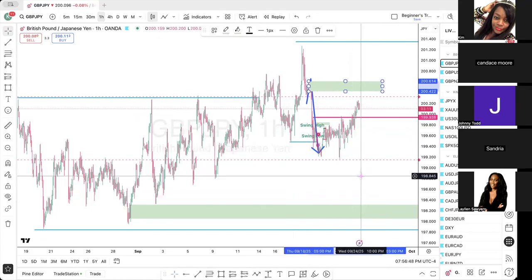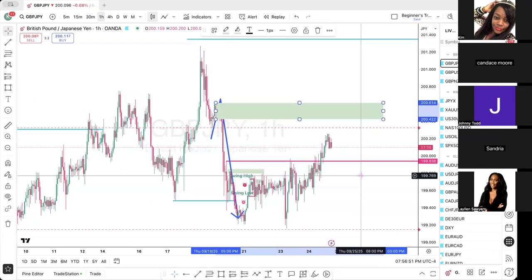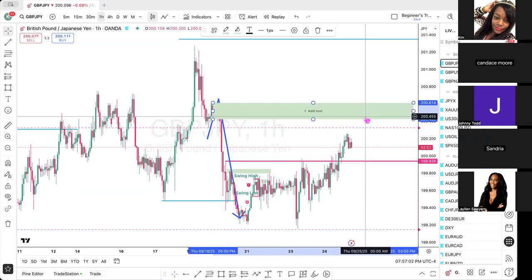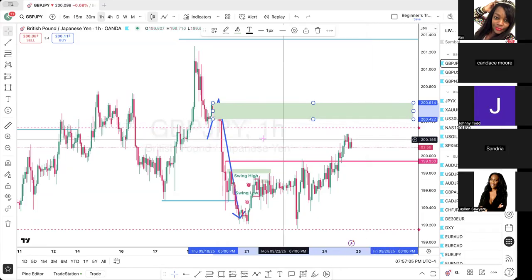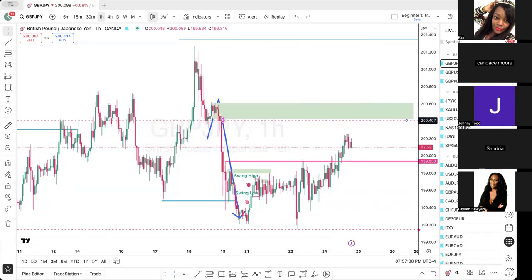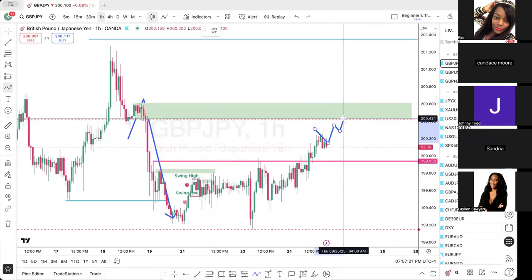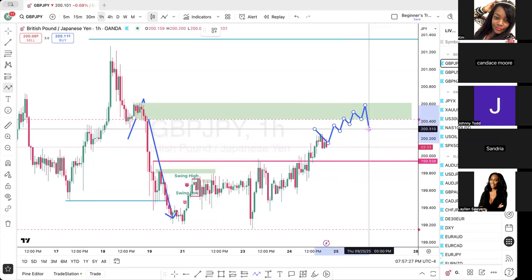This is a counter trend trade. I do have a limit set on one of my accounts, but I want to trade my futures account this week with GJ and GU. So once price gets to the zone, and as you can see, my little alert is right here, I'm going to hop on the chart and see if I can find some structure being formed and look for the shift of structure.